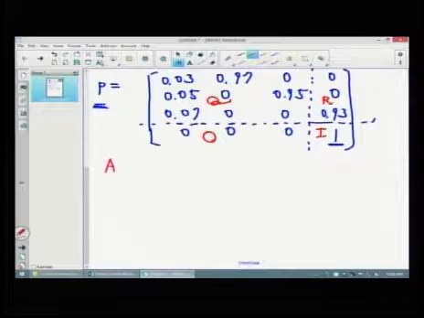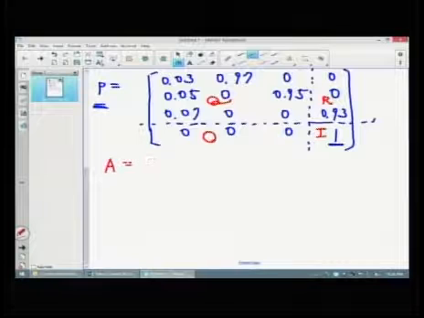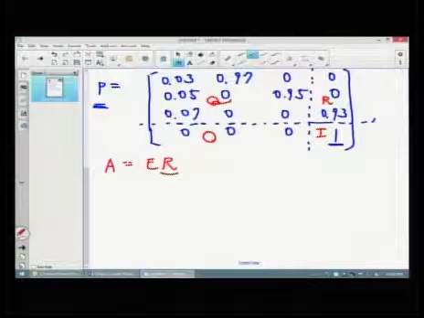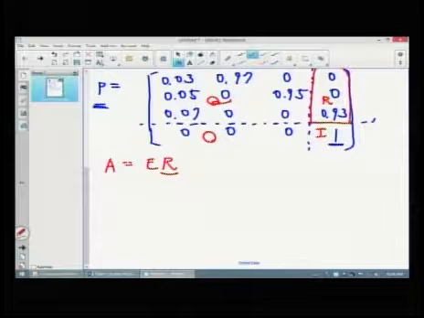We need the A matrix, right? So A is E times R. Is that right? We already know the R matrix here, but we do not know the E matrix yet.